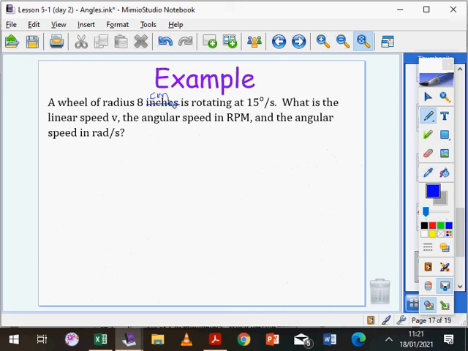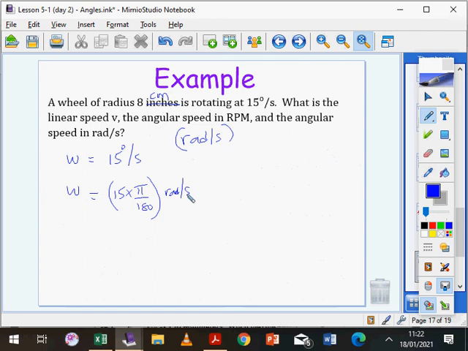So, first of all, I've been given the angular speed is 15 degrees per second, right? But I need to change that to a unit that I know, and the unit I know is radians per second. That is the standard unit for angular speed. So changing 15 degrees to radians, I'm going to multiply that by pi and divide it by 180. And that answer is going to be the angular speed in radians per second, right?